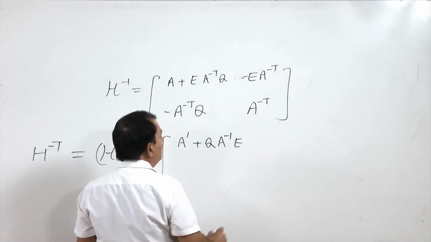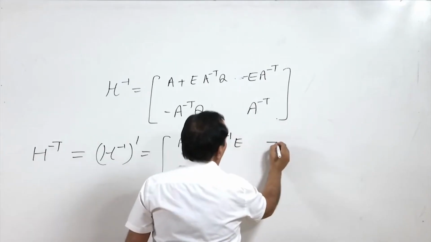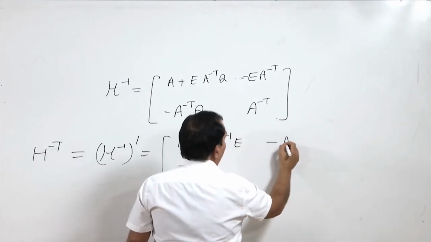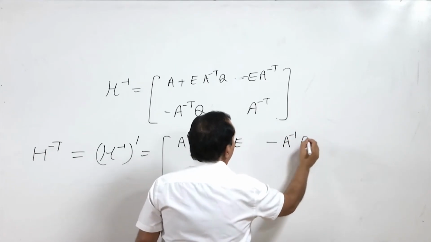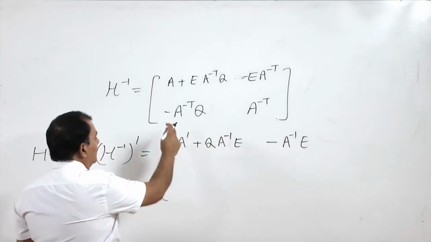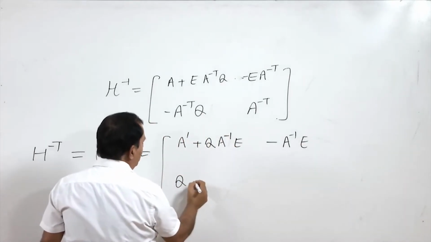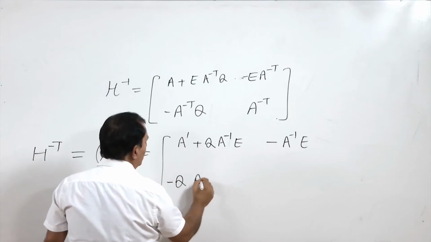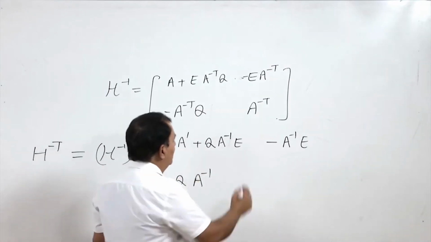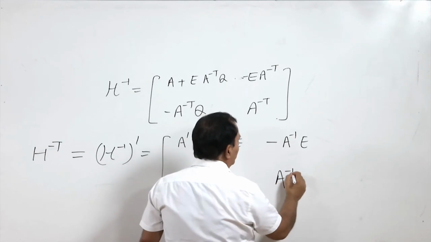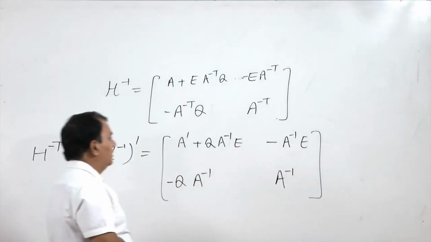E remains the same. Similarly, here I will write A inverse E. Q remains the same, minus Q A inverse, and this is A inverse.